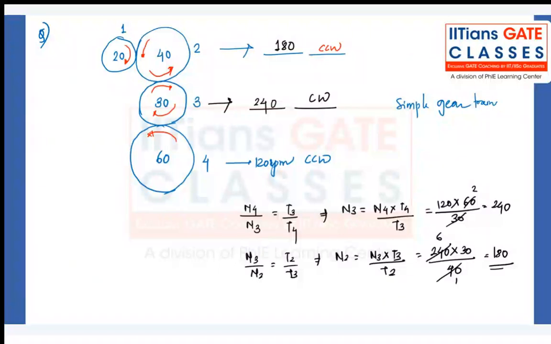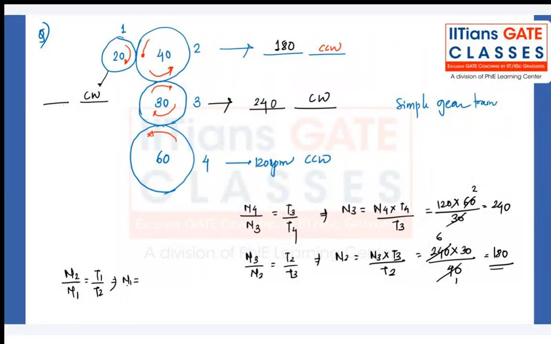So for anything you can, even if they ask it for gear number 1, what will be the answer? Can you tell me? Gear 1 is first of all clockwise, and you will do the same thing. n2 by n1 is equal to t1 by t2.